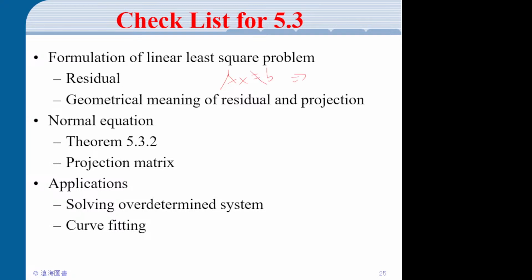So we want to minimize r of x equals b minus Ax, and through our derivation, the end result is that instead of solving Ax equals b, you solve A transpose A x equals A transpose b. This will always have a solution, and if A has full rank, it will have a unique solution. And we see that you can use it to fit curves.